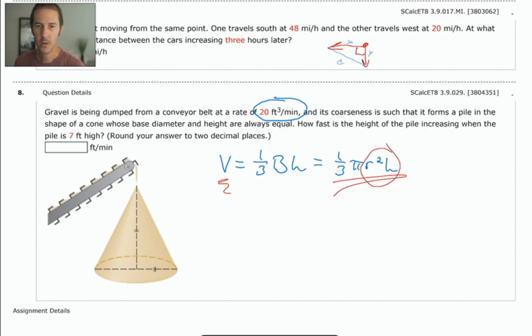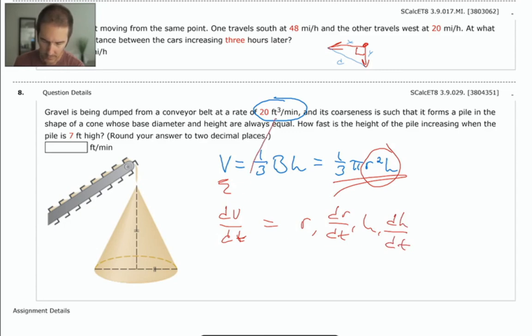And what else are they not giving us? There's going to be a dV/dt on the left-hand side, and on the right-hand side, there's going to be an r and a dr/dt and an h and a dh/dt. So they gave us dV/dt. I circled that up here already. They gave us how fast is the height of the pile increasing when the pile is 7 feet high.